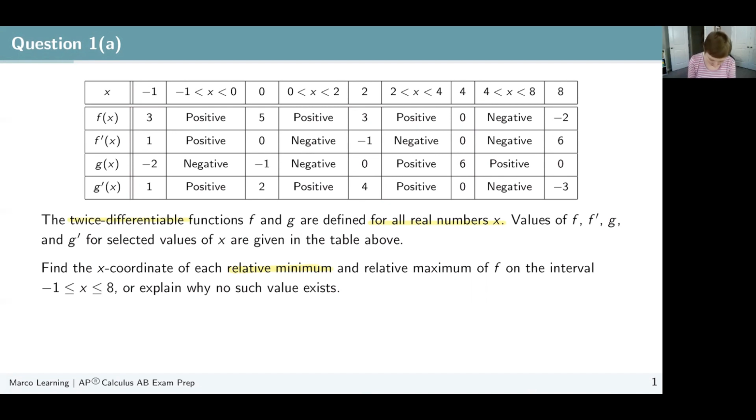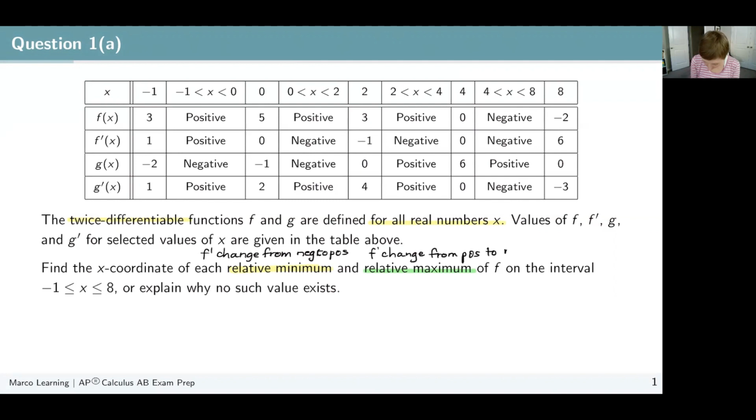So we want f prime to change from negative to positive. And then for our relative maximum, similarly, we are looking for f prime to change from positive to negative.